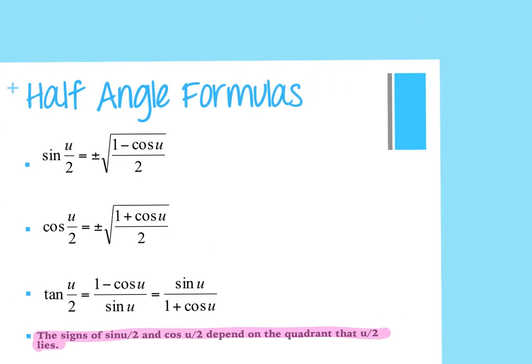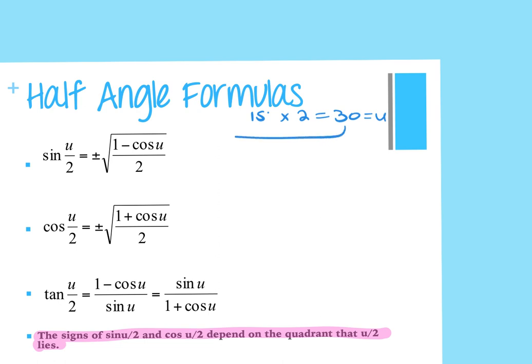So if I use the example of 15 degrees, I cannot find sine or cosine of 15, but I'm going to double it. So my doubled angle is 30, and 30 becomes the u. So 30 is what we use for u because we're actually finding the sine of 30 over 2, which is 15.